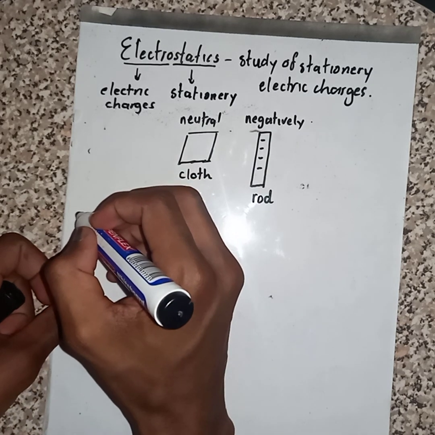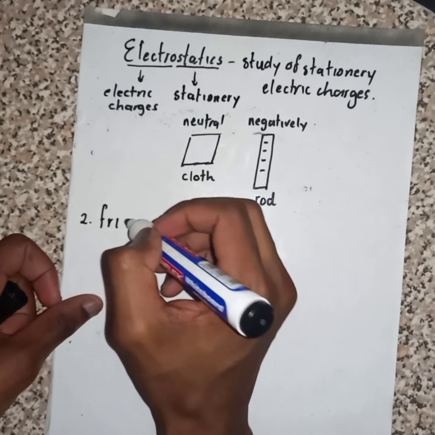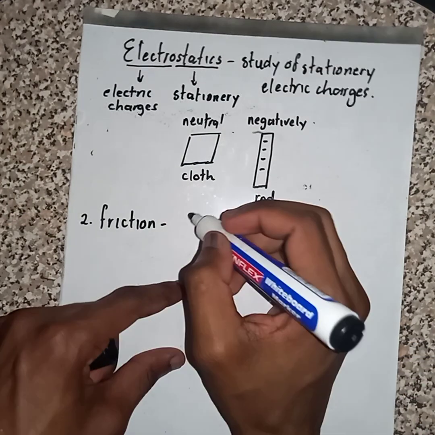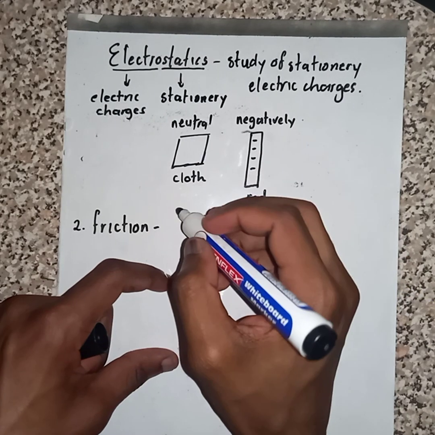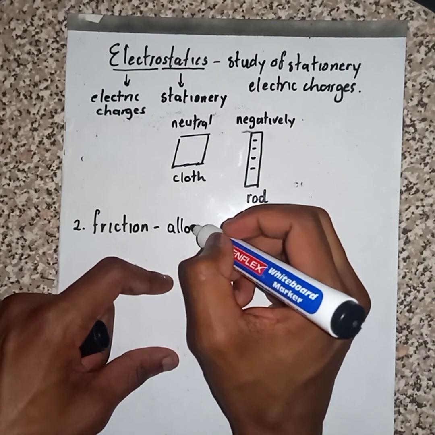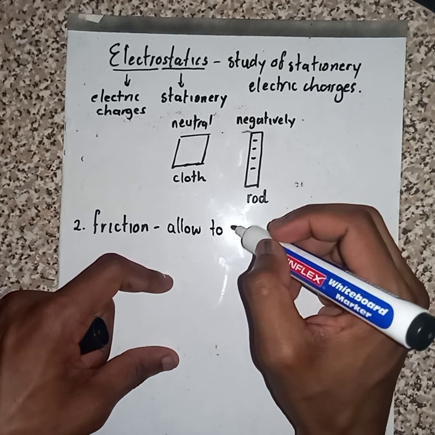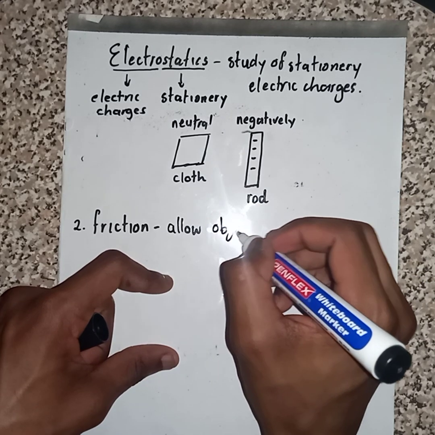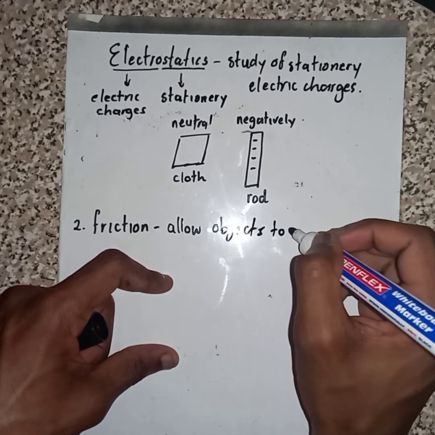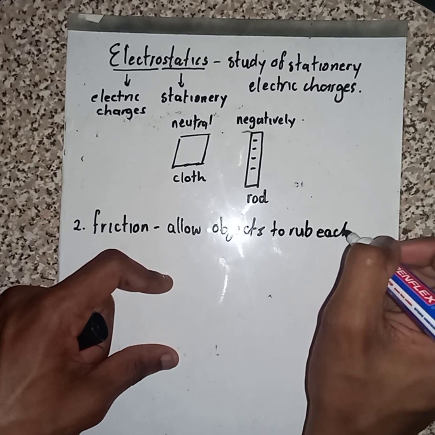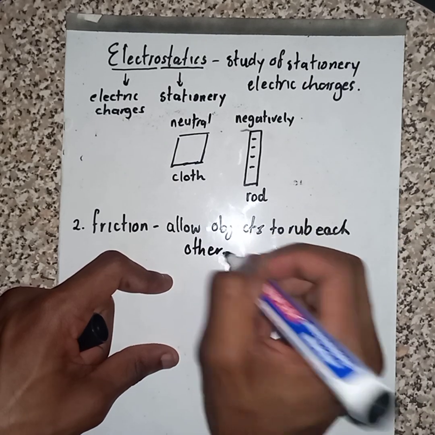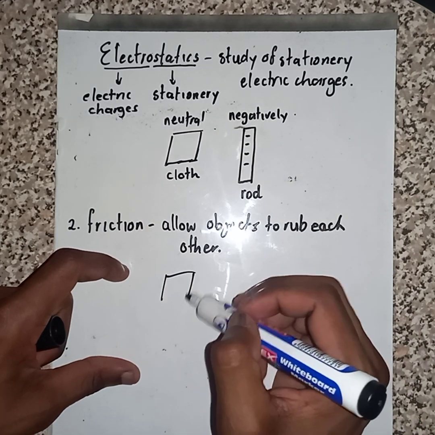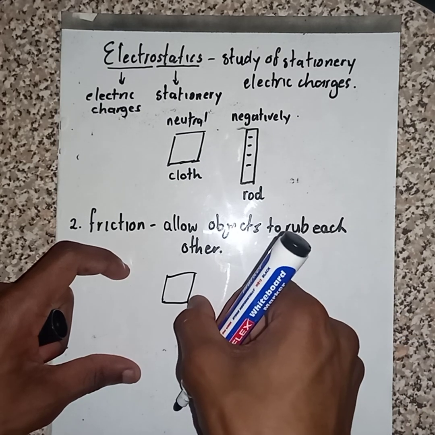Then now we are going to consider number 2, charge these two objects by friction. We allow them to rub each other. We are going to consider this one to be neutral.